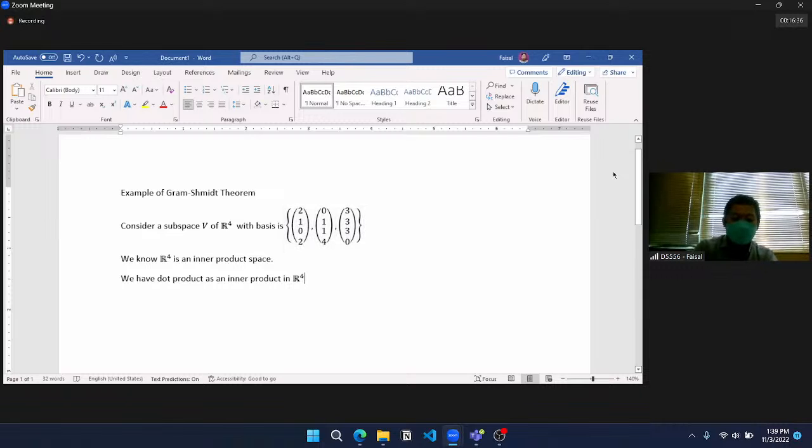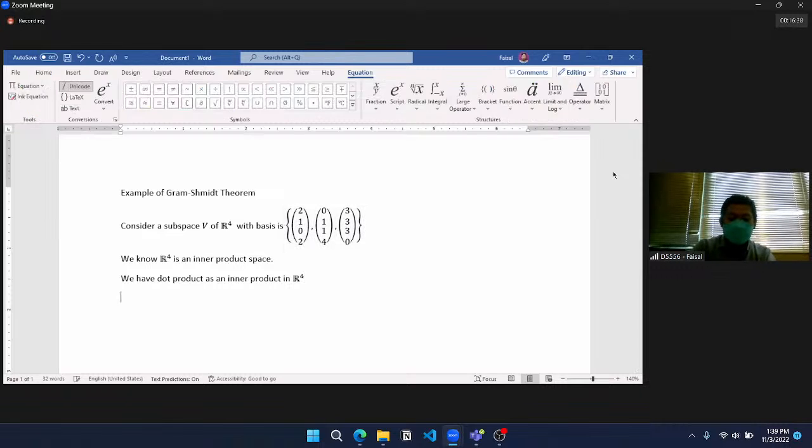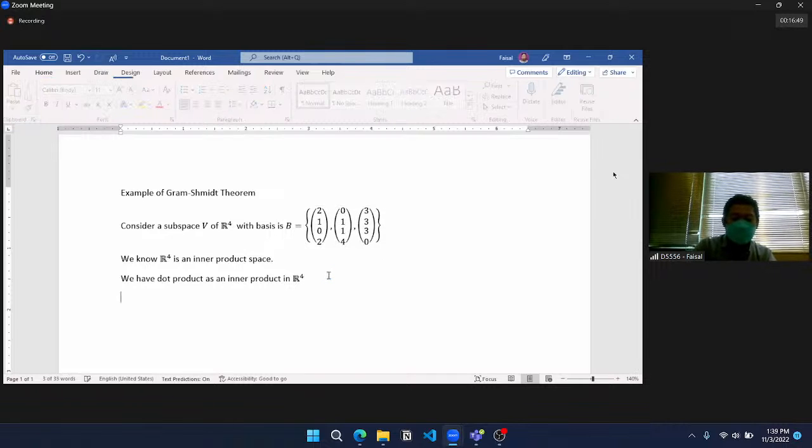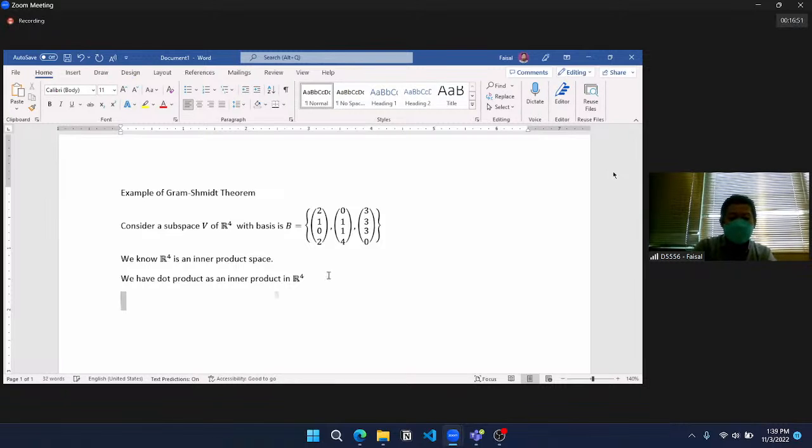Let us call this set B. We can check that B is not an orthogonal basis.